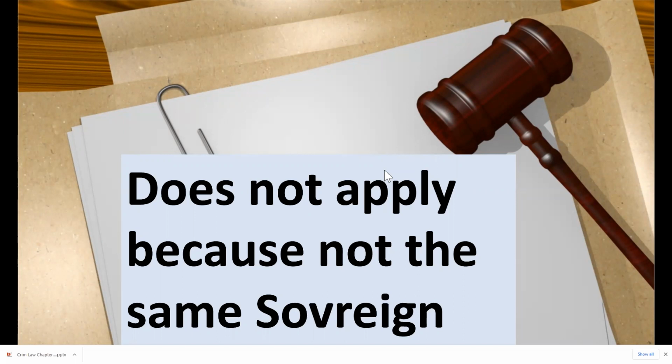So how can somebody be found not guilty in criminal court, but then be found liable in civil court? The reason is because in criminal court, the standard of proof is very high. It's beyond a reasonable doubt. The standard in civil court is a low standard of preponderance of the evidence, which really means 51% of the evidence.